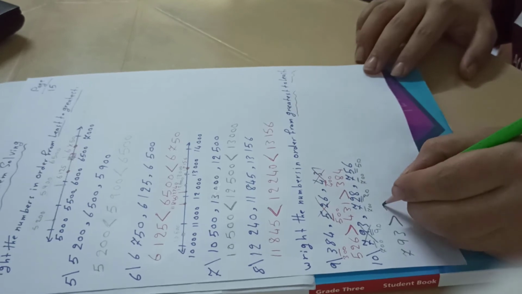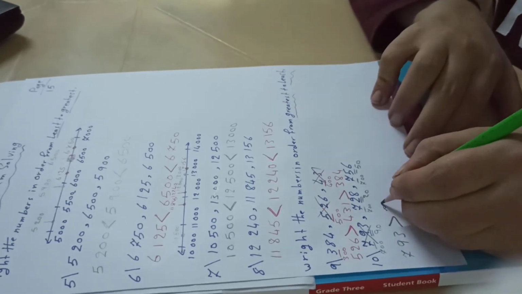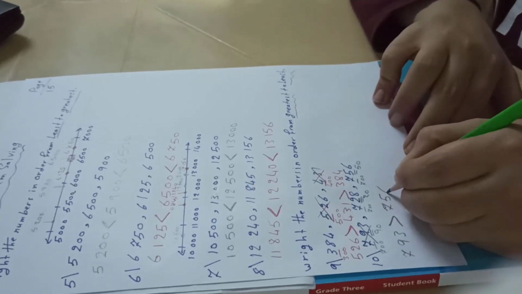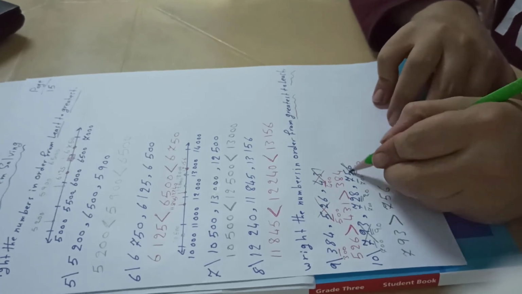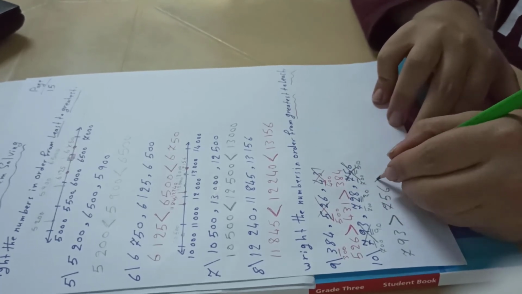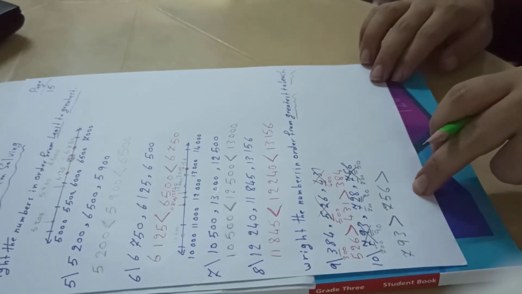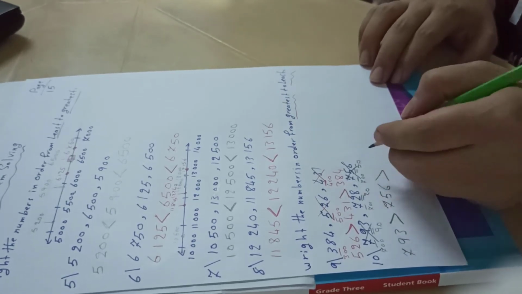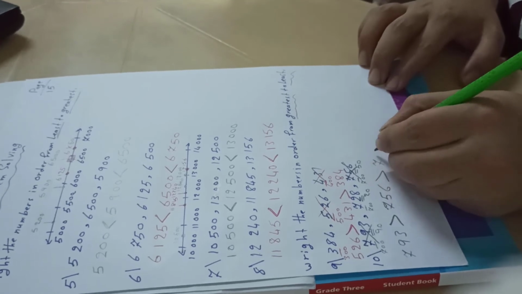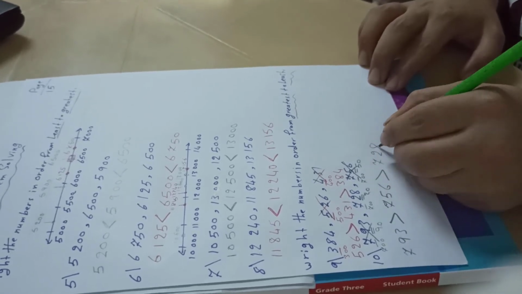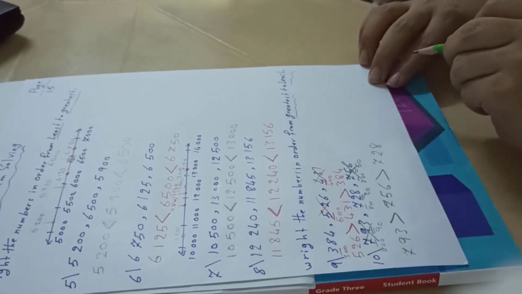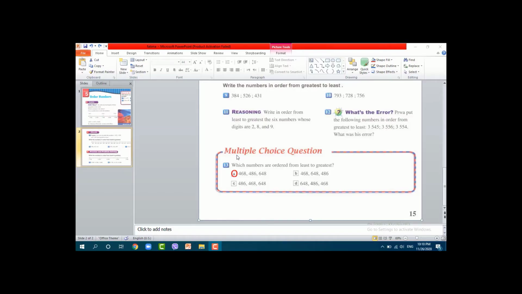Then we have to write 756 at the second. After we wrote this, we have to write greater than. We say that we ordered the numbers from greatest to least. After all of them, we have to write 728, because it's the smaller number between them.